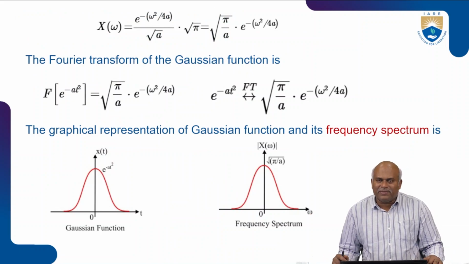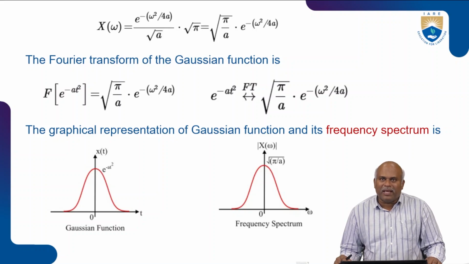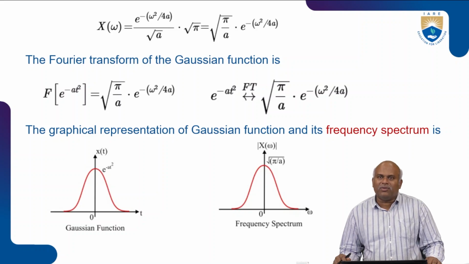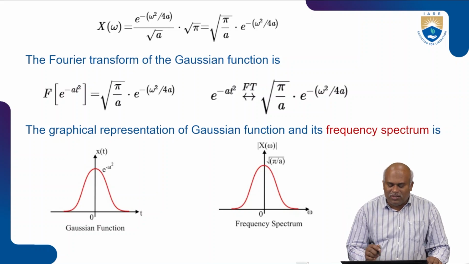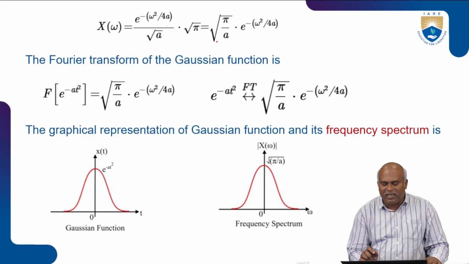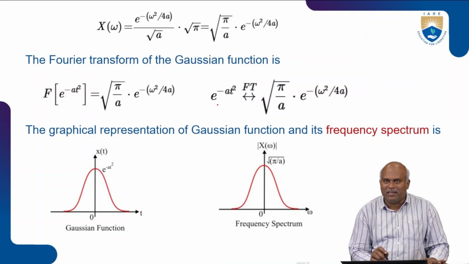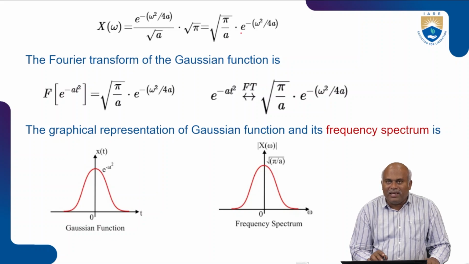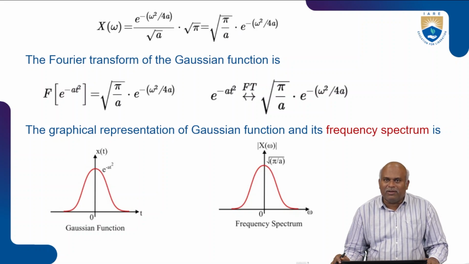So now the Fourier transform of the Gaussian pulse X of omega equals e power minus omega square divided by 4, divided by root a, into root pi. Now, root pi and a are common things, so I represent them as a constant: root of pi by a into e power minus omega square divided by 4.